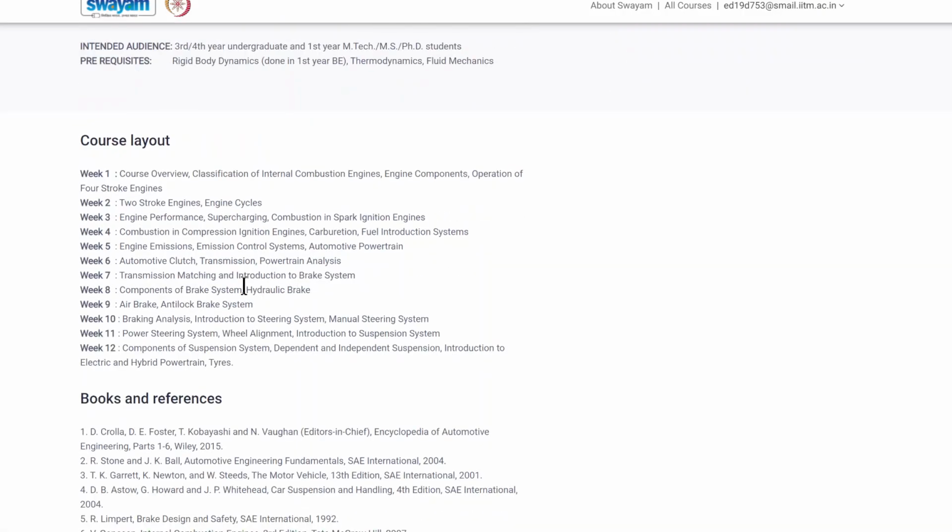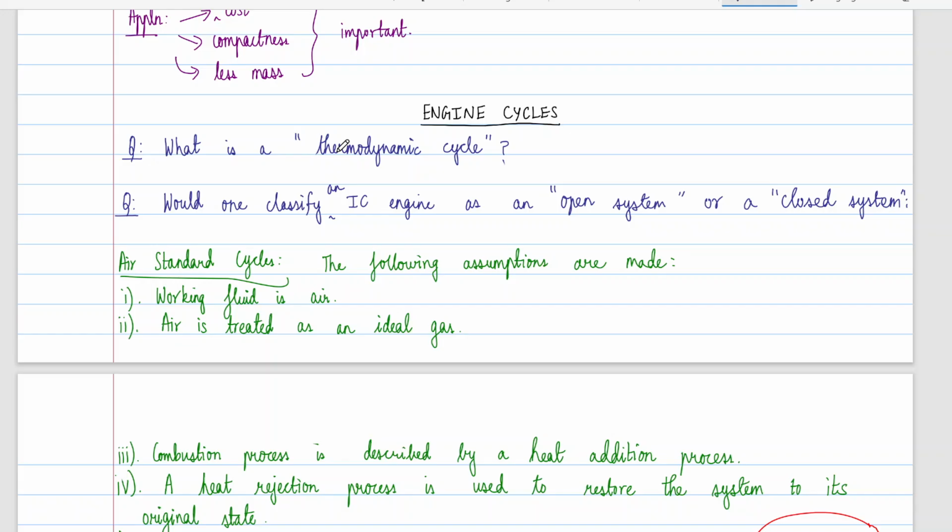So week 7 says transmission. So somewhere in week 6 and 7, we'll be looking at the transmission, and I think in that section there can be some discussion.